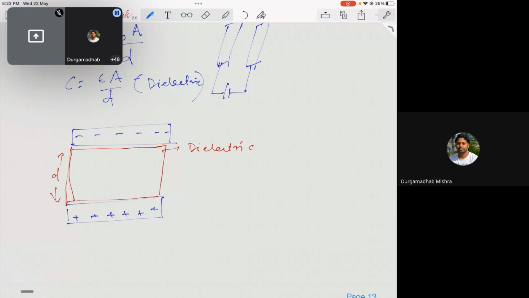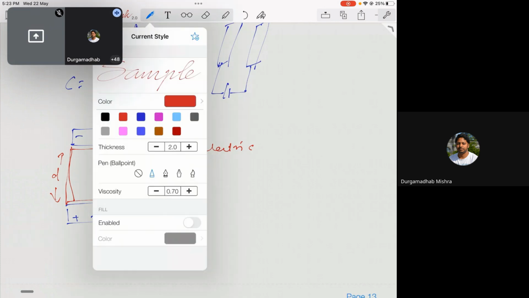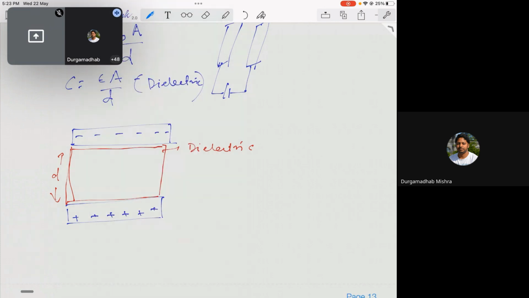We did this problem earlier without any dielectric and found what the capacitance will be. So let's do that with a dielectric. Again, we will be using Gauss's law: Q enclosed divided by epsilon naught.